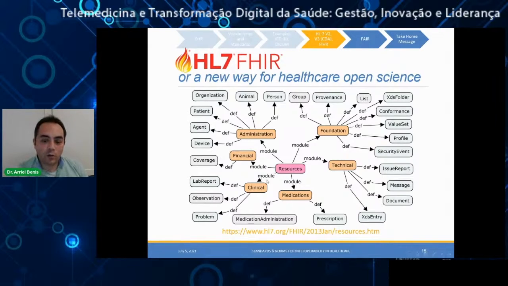I want to point out before going forward that in the administration, you can also see a component related to animals and not only to humans. And we'll talk about that in the next presentation regarding One Digital Health.